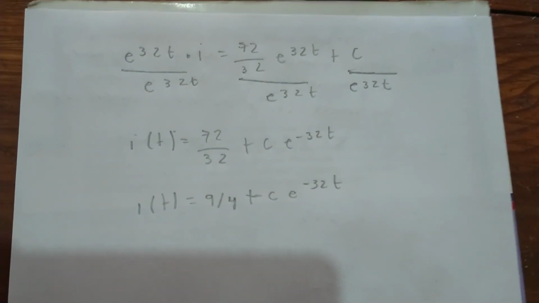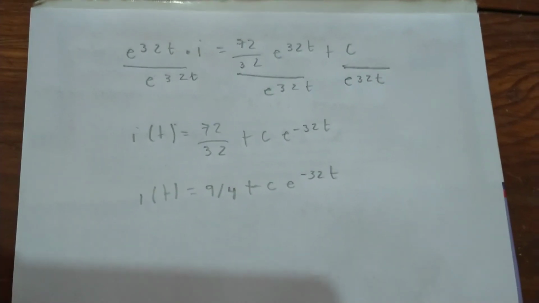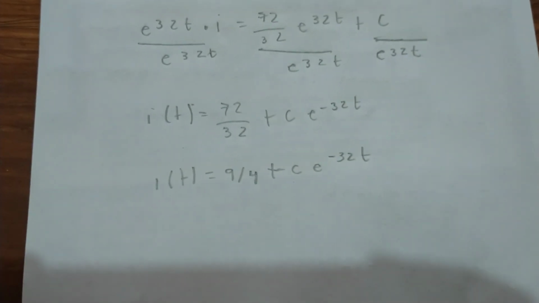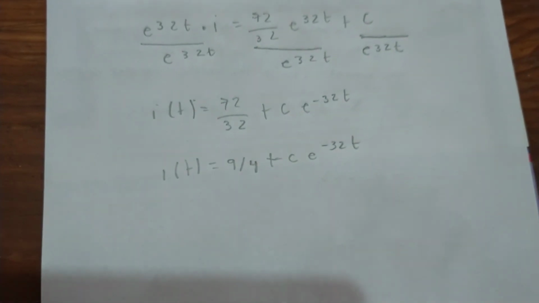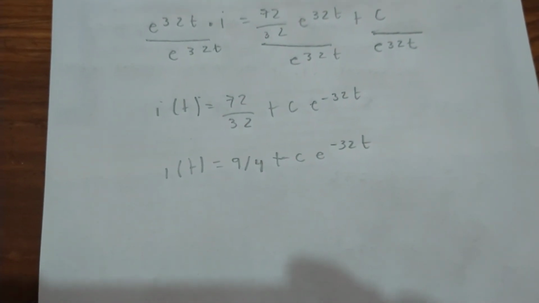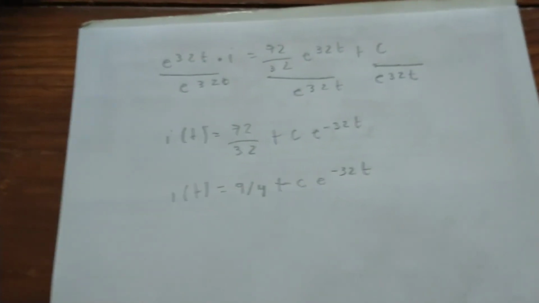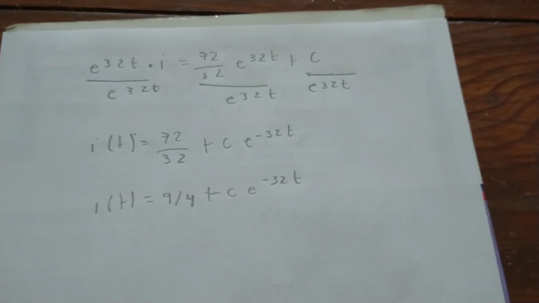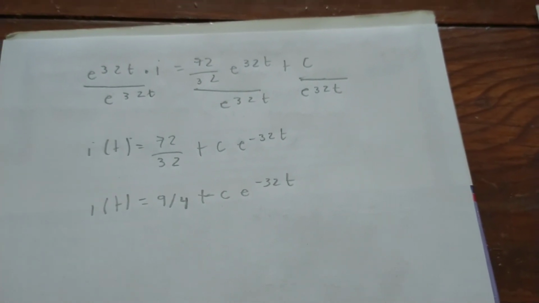Now we'll find the value of our constant. We remember the initial current was equal to 0, which means i of 0 is equal to 0.